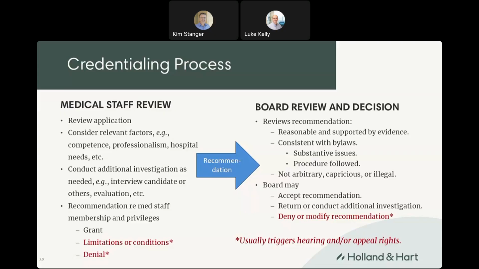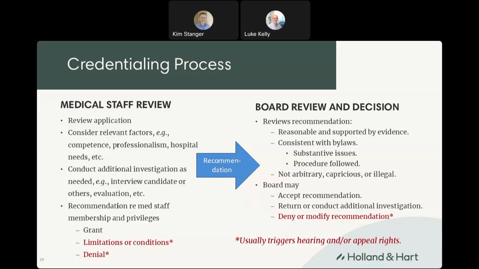Now, chances are the members of your board are not medical staff members, not clinicians, so how do they know whether or not the recommendation is appropriate? Well, generally, when it comes to the board's review, the board should be considering whether or not the recommendation is reasonable and supported by the evidence, whether the decision is consistent with the bylaws, both under the substantive standards set forth in the bylaws and applicable law, that the procedure was followed, and that the decision is not arbitrary, capricious, or based on illegal reasons, including anti-competitive conduct or the like.